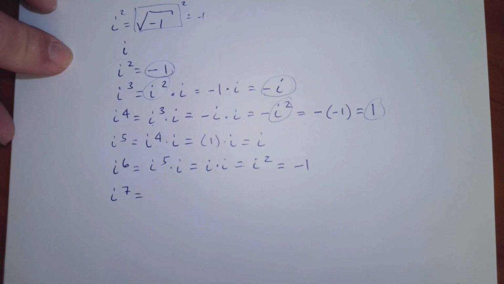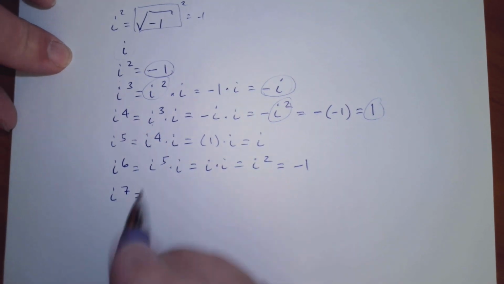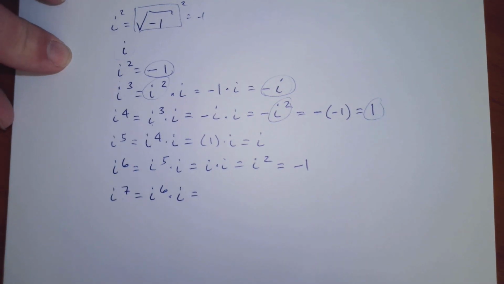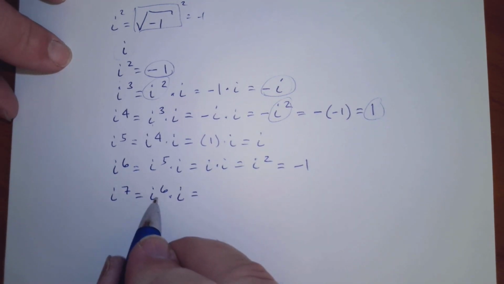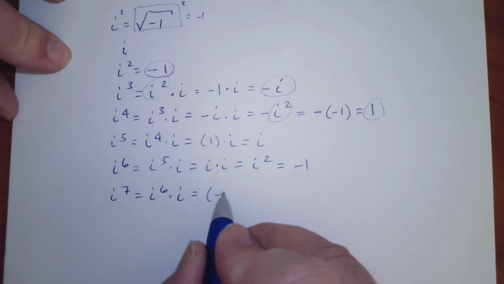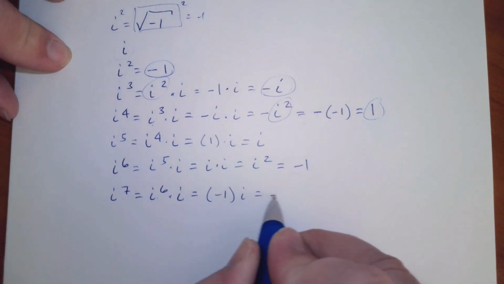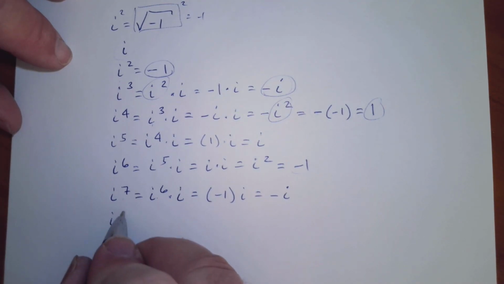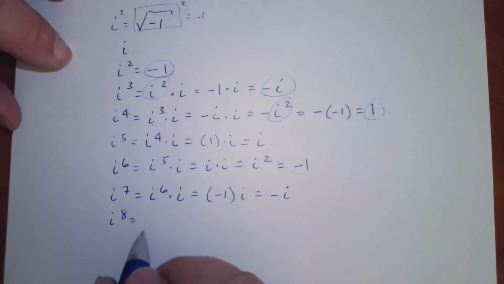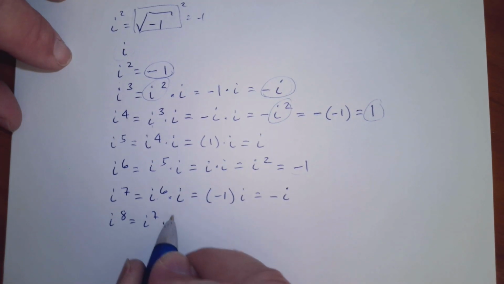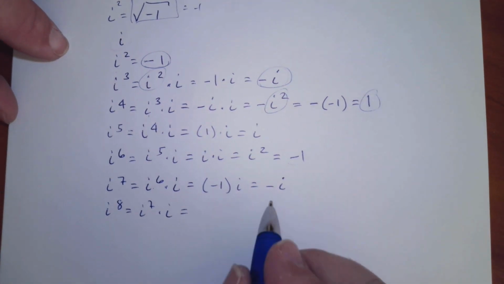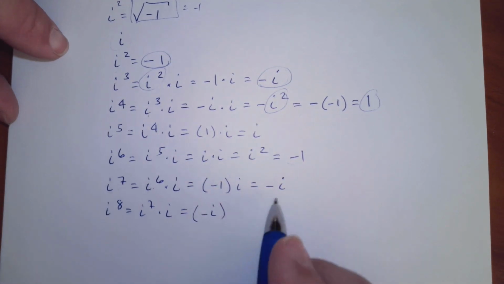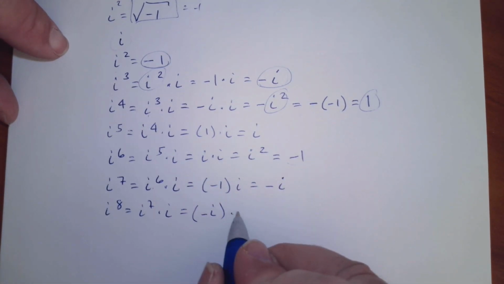Almost done, promise. i to the 7th is made up of i to the 6th times i. What is i to the 6th? It's negative 1, times i is negative i. i to the 8th is i to the 7th times i. i to the 7th is negative i, times i.